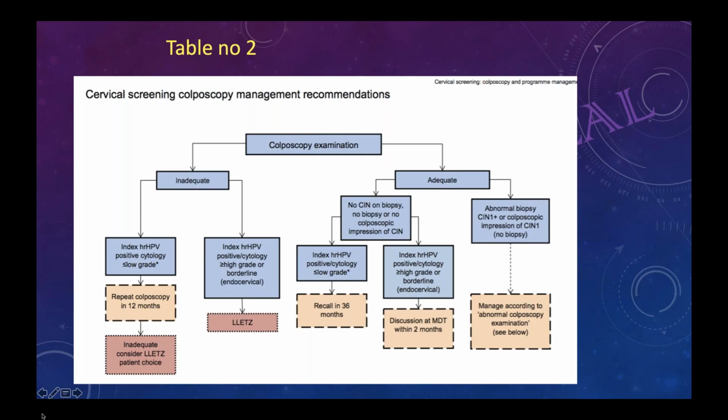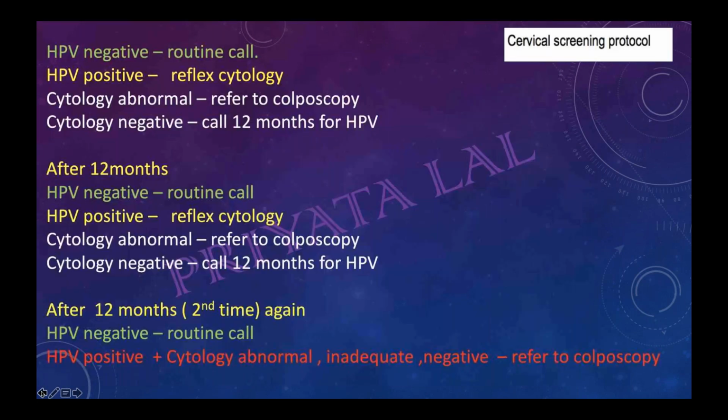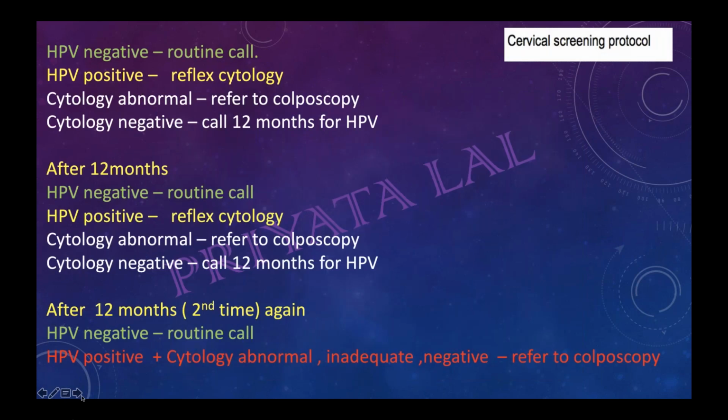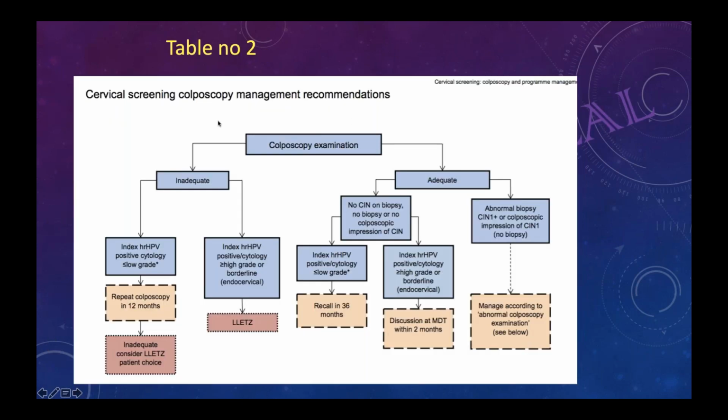If the patient has come to colposcopy, in this part we were doing screening. After screening, we got an indication and referred this patient to the colposcopy clinic. In the colposcopy clinic, they will do colposcopic examination.